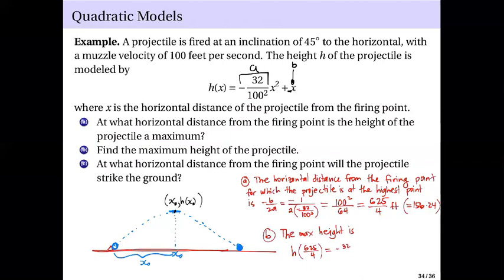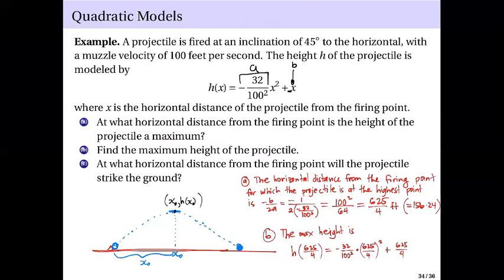This will be equal to negative 32 over 100 squared, times this guy here squared, so 625 over 4 squared, and then plus the x here, so again 625 over 4. Then you just simplify this.